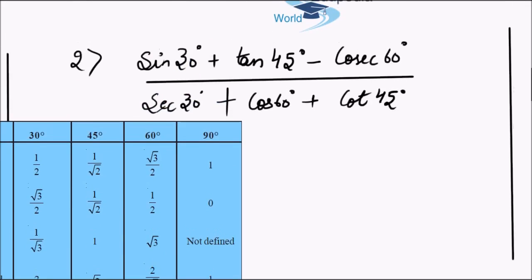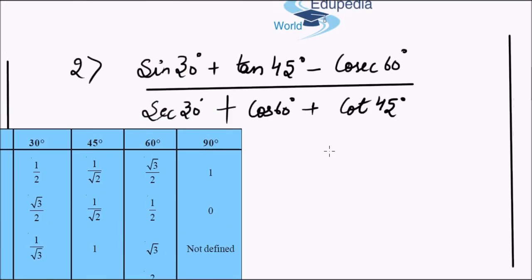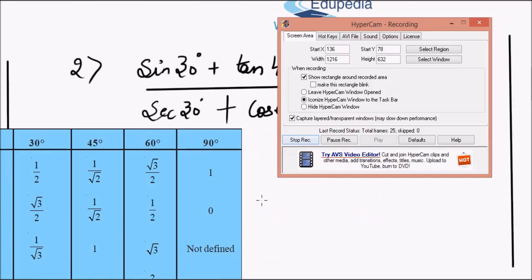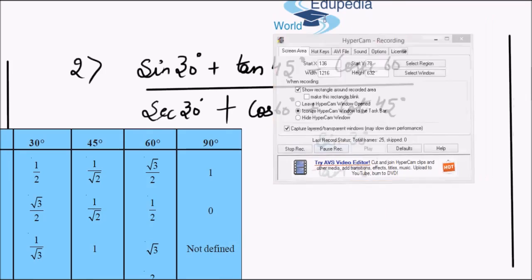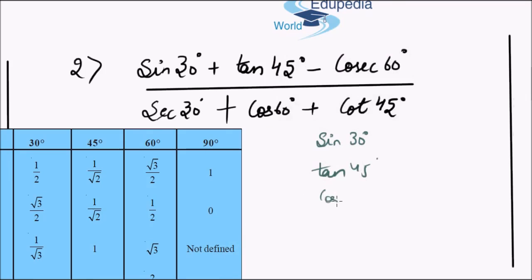Let us deal with another question. In this question, we need to know the value of sin 30 degree, tan 45 degree, cosecant of 60 degree, secant 30 degree, cos of 60 degree, and cotangent of 45 degree.